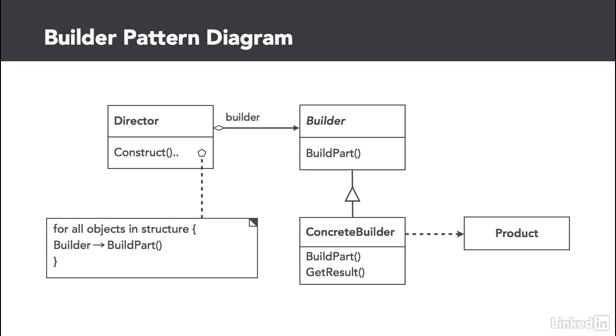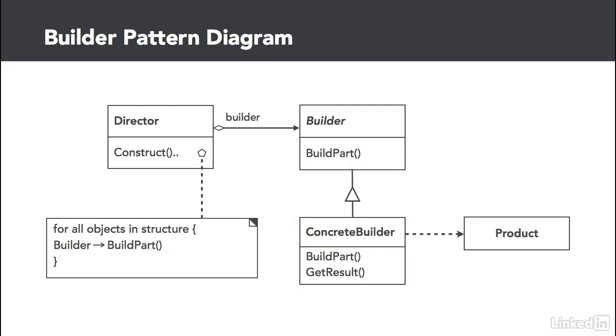If we take a look at the class diagram, we can see the players that are involved. We have a director that constructs an object using the builder interface. And to the right of it, the builder specifies an abstract interface for creating parts of a product object. Below that is the concrete builder, and that constructs and assembles parts of the product by implementing the builder interface.